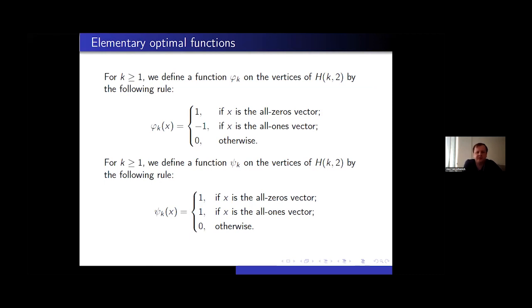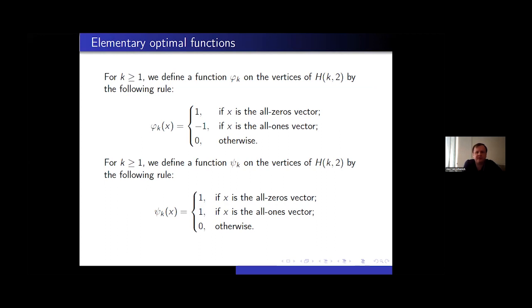Now we define three types of elementary functions. We define functions phi k and psi k on the vertices of the k-dimensional hypercube as follows.